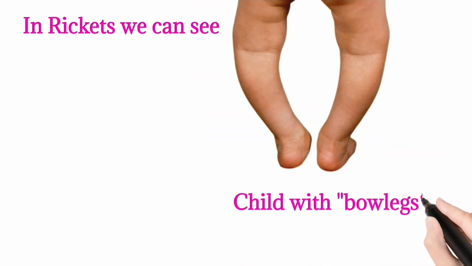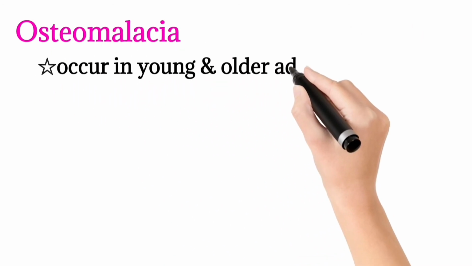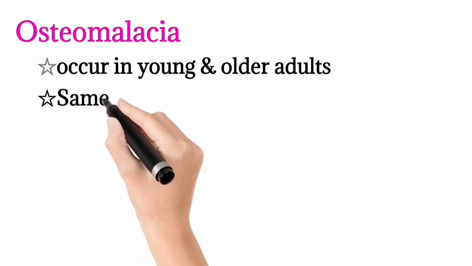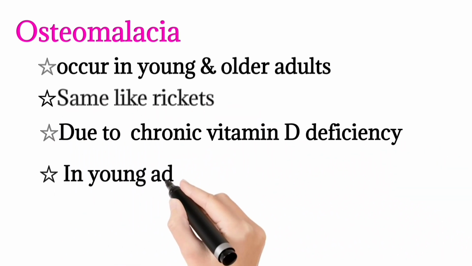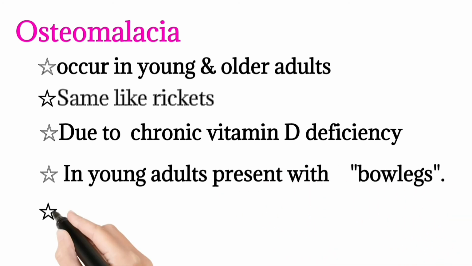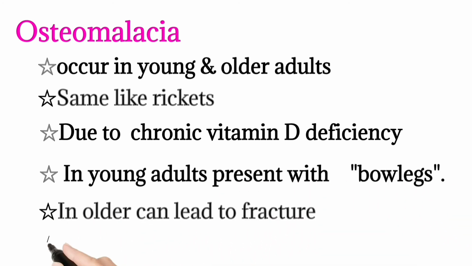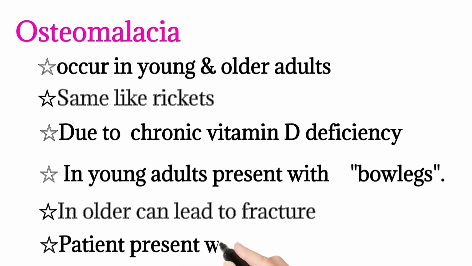Osteomalacia. Osteomalacia occurs in young and older adults. Same as rickets, due to chronic vitamin D deficiency, young adults present with bowlegs. In older adults it can lead to fracture. Patients present with bone and muscle pain.